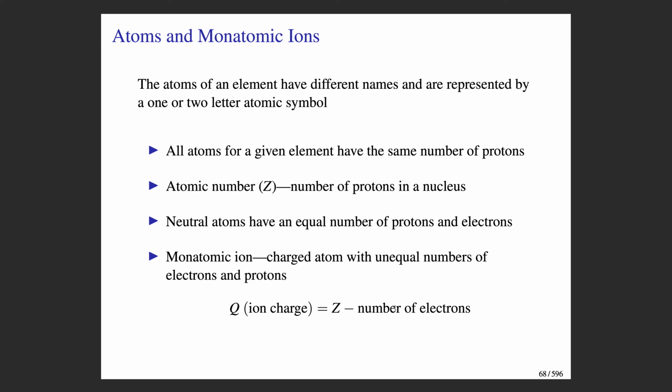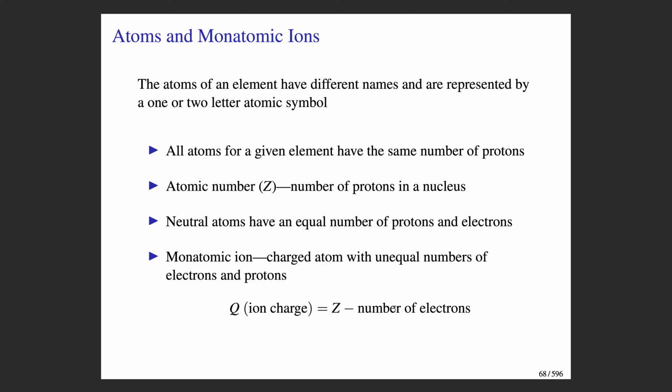The thing to note about atoms of a given element is that they all have the same number of protons. So what defines the atom's identity, what makes an atom an atom of that particular element, is the number of protons in the atom.